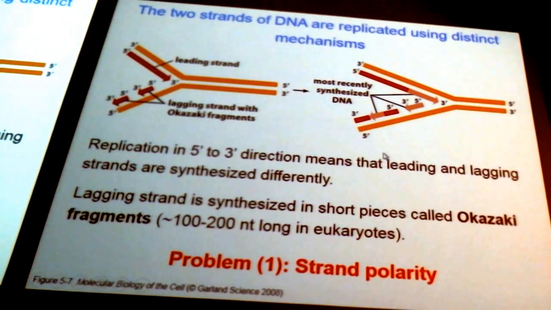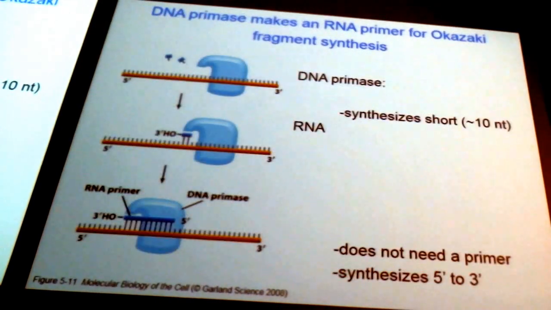So the way that's achieved is by making small fragments of DNA from RNA primers. It's those DNA fragments that are called Okazaki fragments after the scientists who discovered it. And as you can see, this gives a solution for that first problem, the first problem of strand polarity. Okay? Because you synthesize one way on one strand and another way on the other strand.